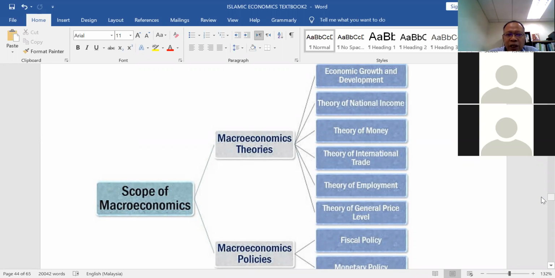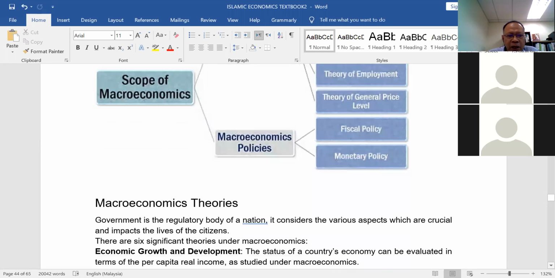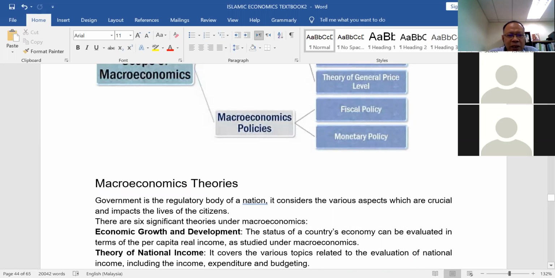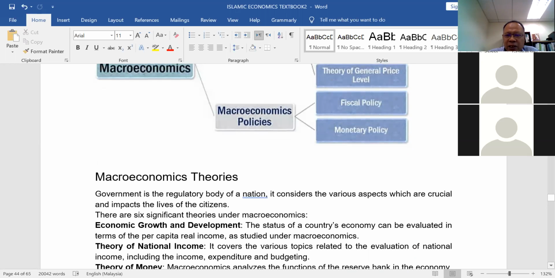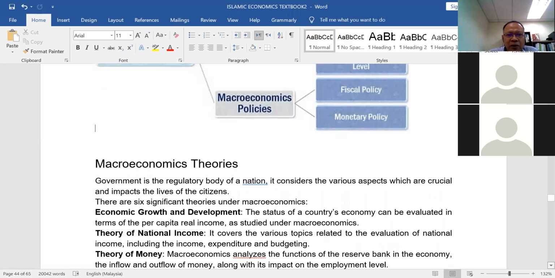And there are two types of macroeconomic policies, fiscal policy and monetary policy. Okay, macroeconomic theories. There are 6 significant theories under macroeconomics.